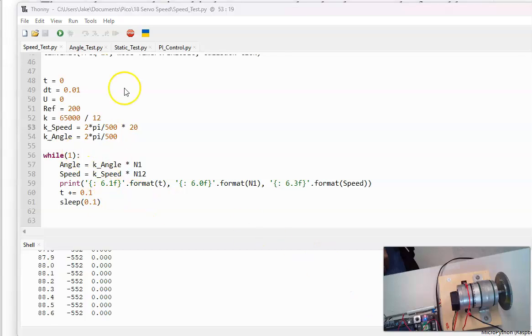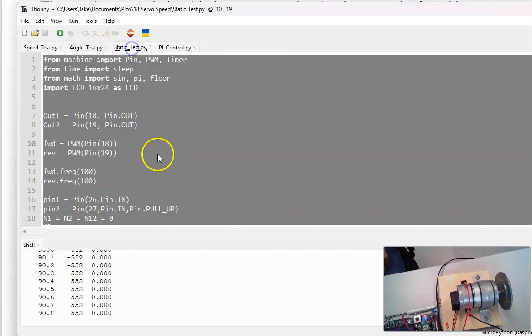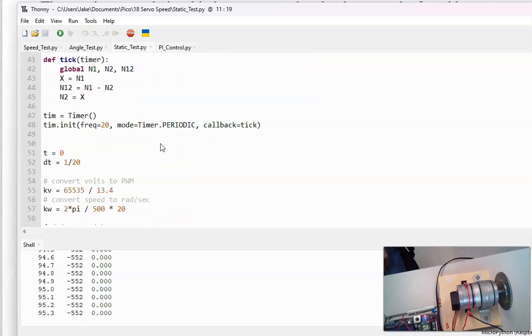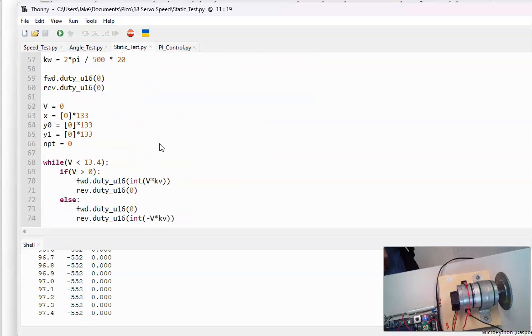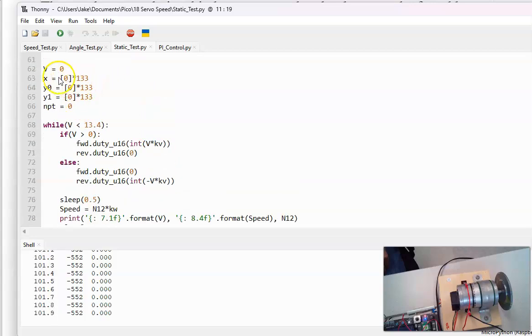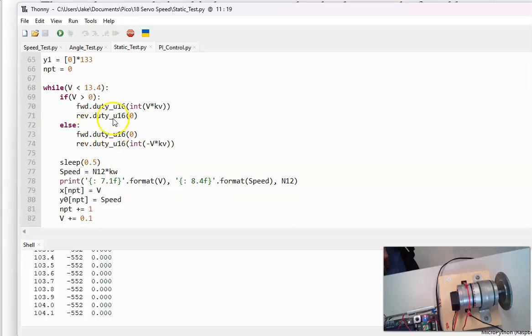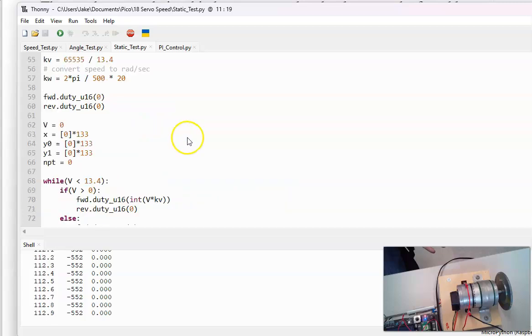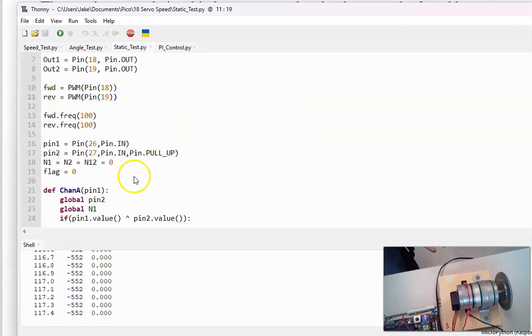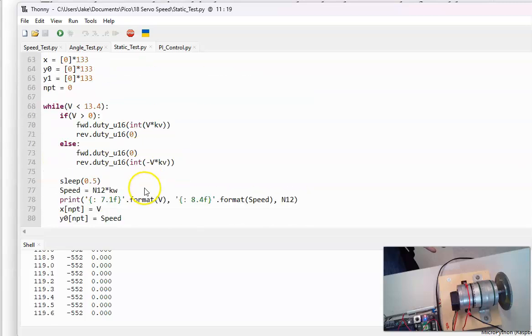Or in Thonny, all that's the same. Start at 0 volts. If the voltage is positive, put the PWM on the forward pin. Forward is pin 18, reverse pin 19.